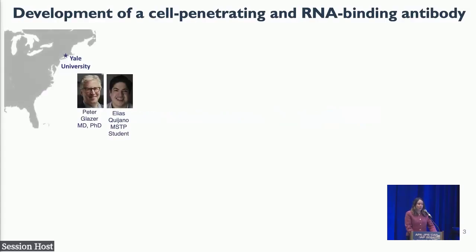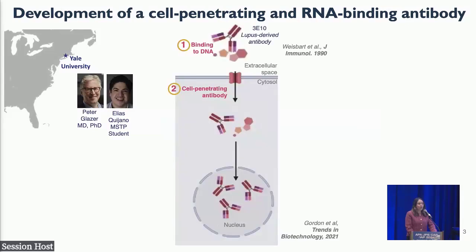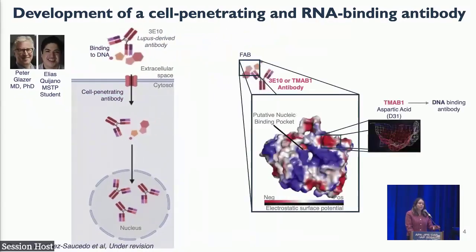Our collaborators from the Glaser lab were working with this lupus-derived antibody that has two important characteristics. It can bind to DNA, and the second one is that it penetrates into the cell. So they hypothesized that if they modified the nucleic acid binding pocket by expanding the positively charged region, they could make it bind also to RNA.